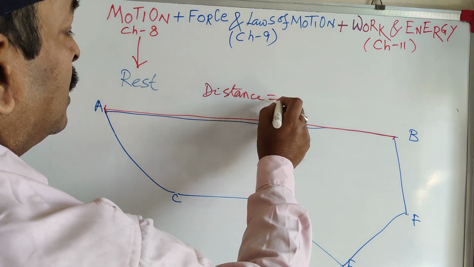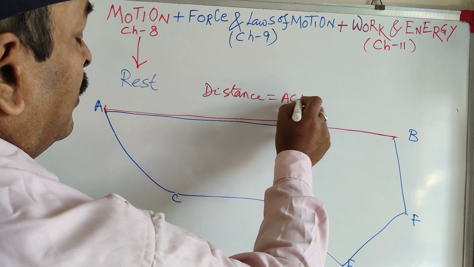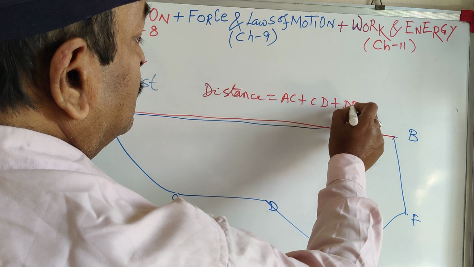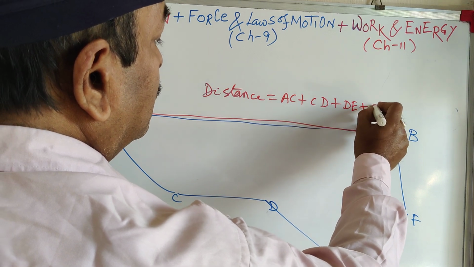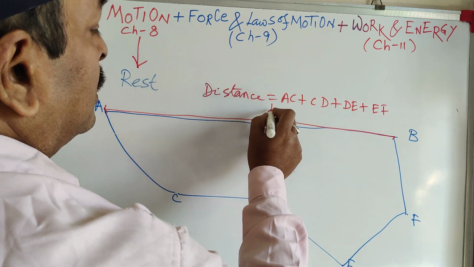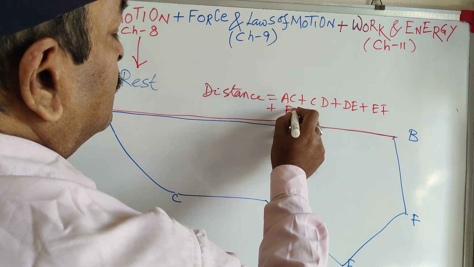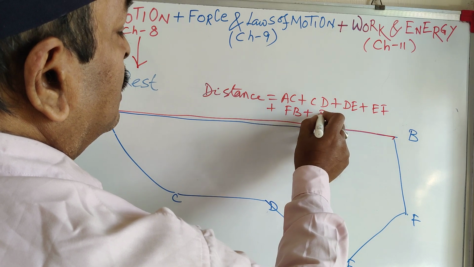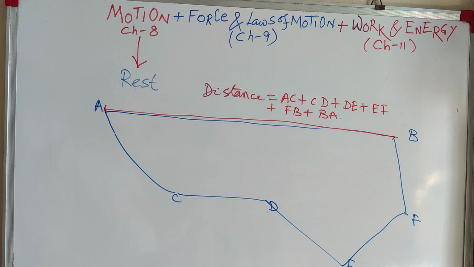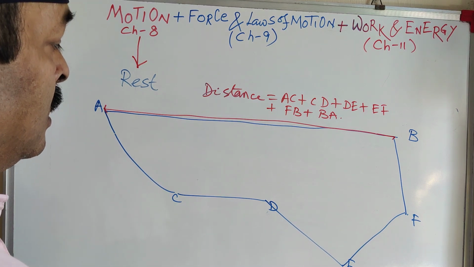Distance covered is AC plus CD plus DE plus EF plus FB plus BA. This is the distance. All the changes of position we consider. That is the distance. But now consider the displacement.